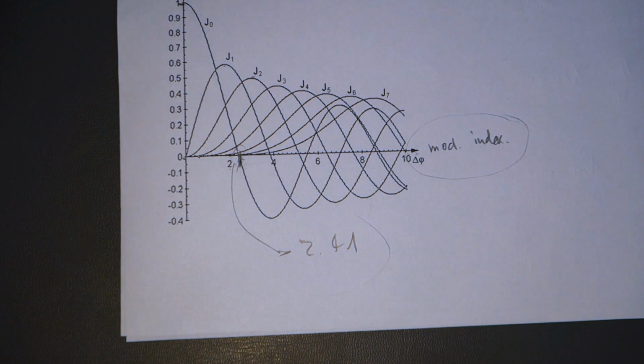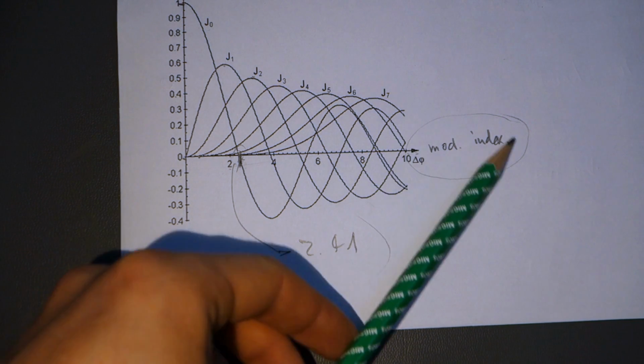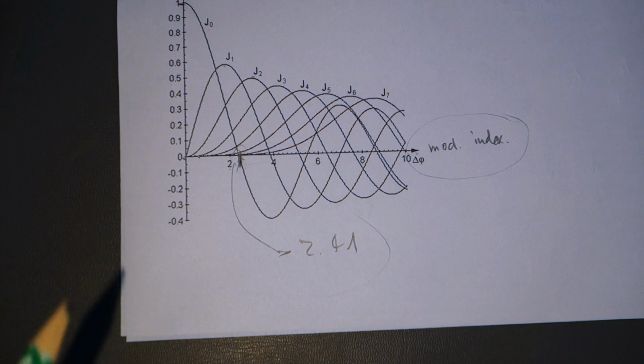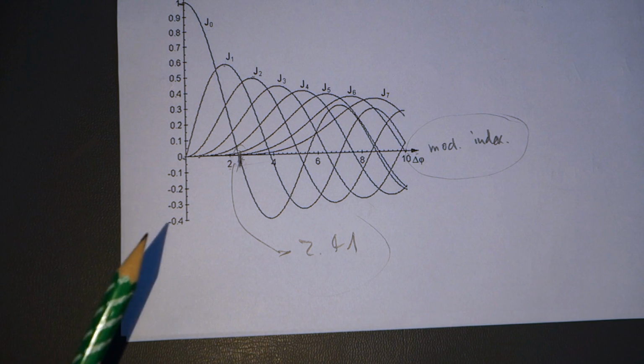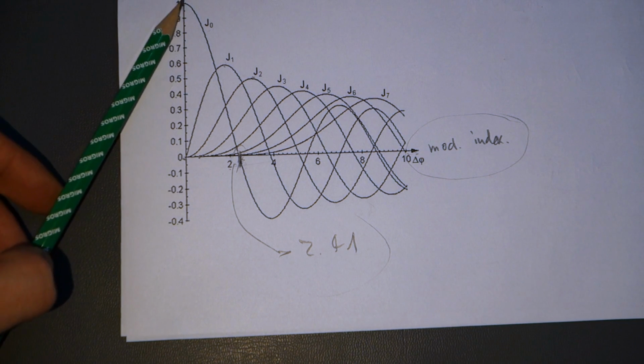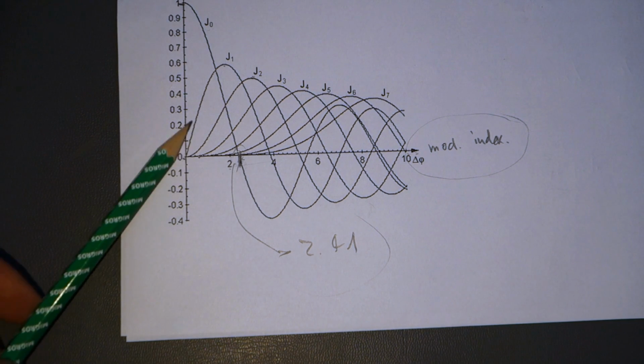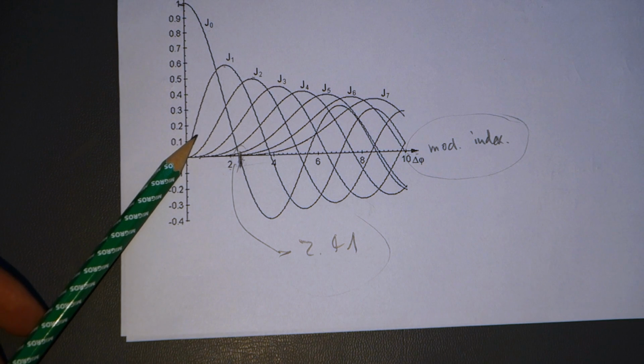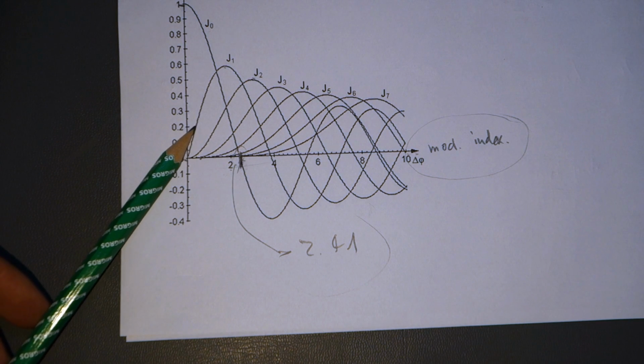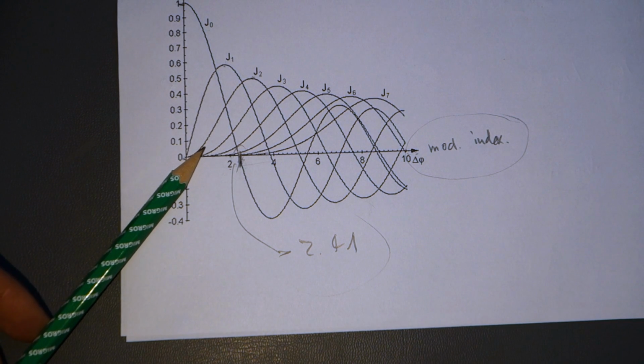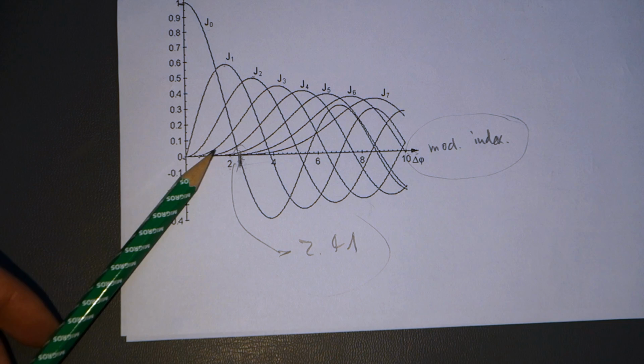So basically there is a lot of information in here. First of all, if we have a low modulation index, and remember that this corresponds to a low amplitude of the modulation, then we have a large carrier and almost no sidebands, just a weak first pair of sidebands, and no further sidebands at all.